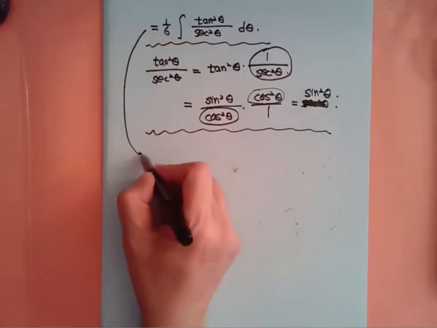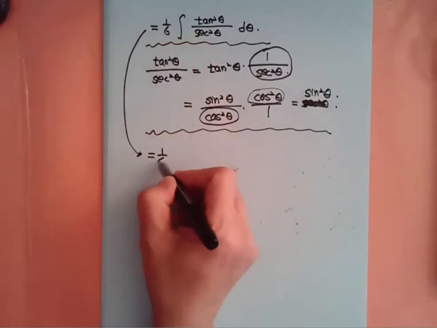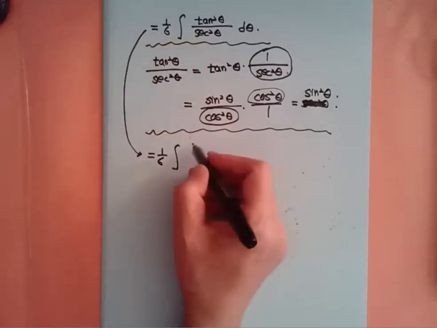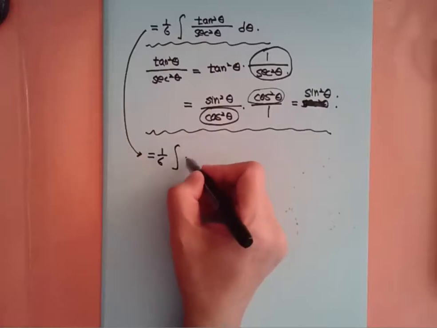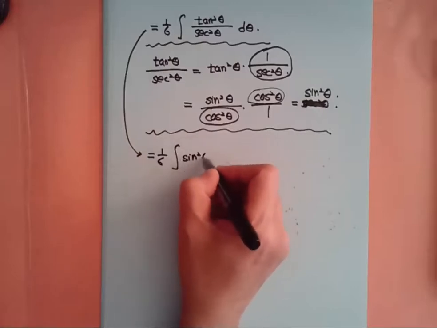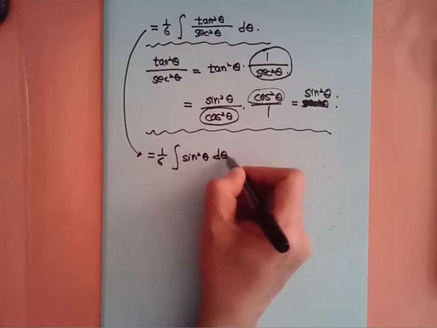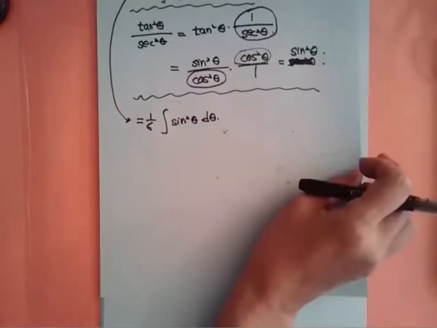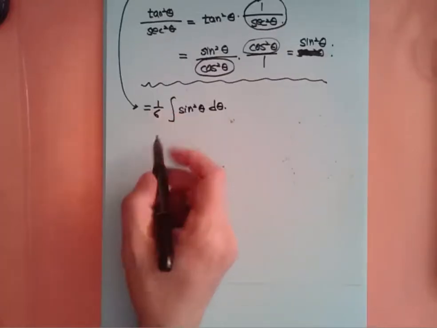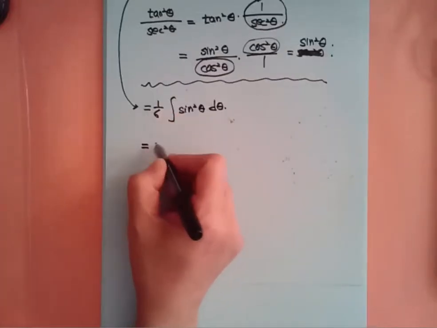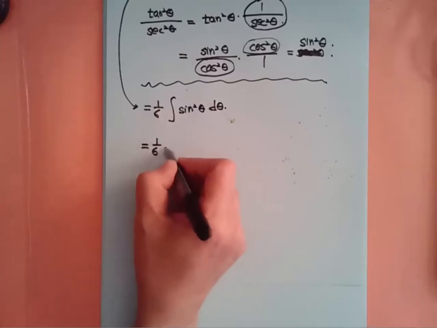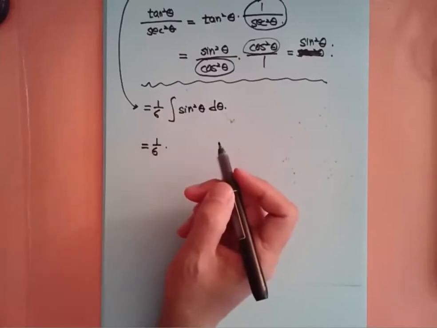We go back to the integral, then that is 1/6 integration of sine squared of theta d theta. So that is 1/6.